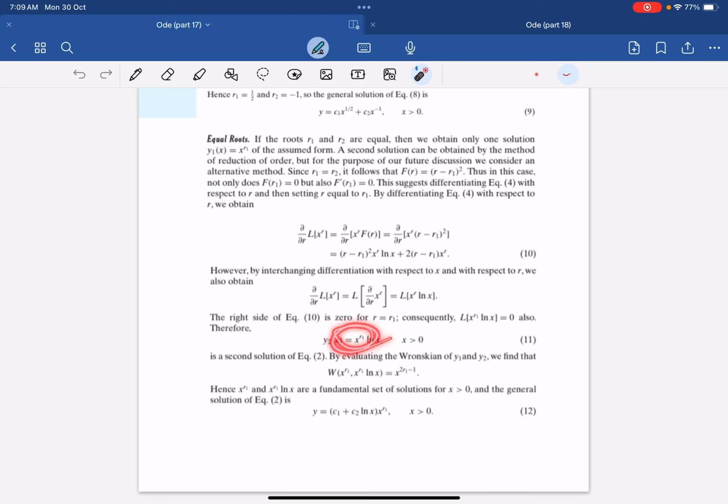So another solution is x to the power r1 ln x. If we evaluate the Wronskian of these two solutions, we see that it is non-zero. Hence, the fundamental set of solutions is x to the power r1 and x to the power r1 ln x.